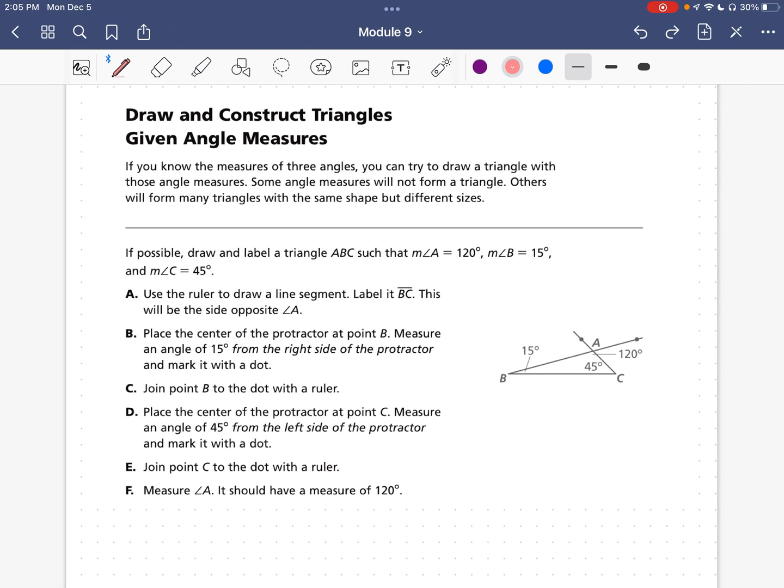So what that means is that you might have a triangle that is like this. It's itty bitty. We can have one that is the same degrees, but a bit bigger. The same degrees, so maybe like a 30, 60, 90.